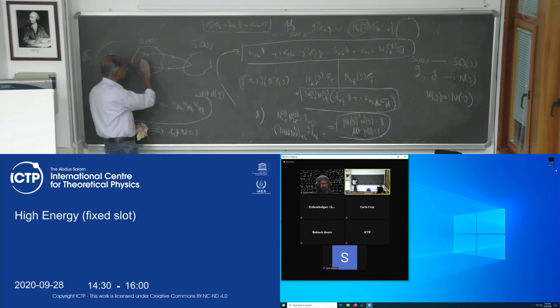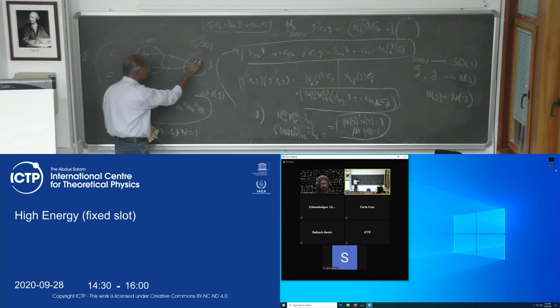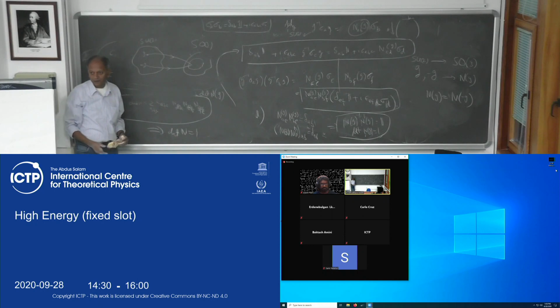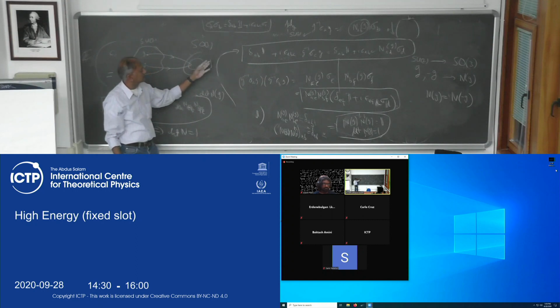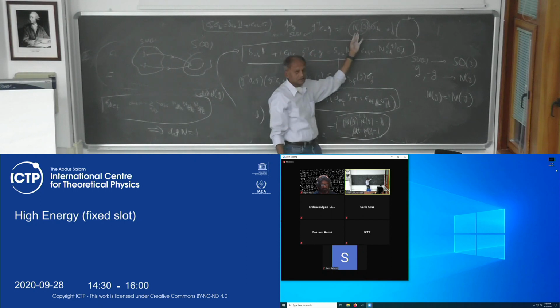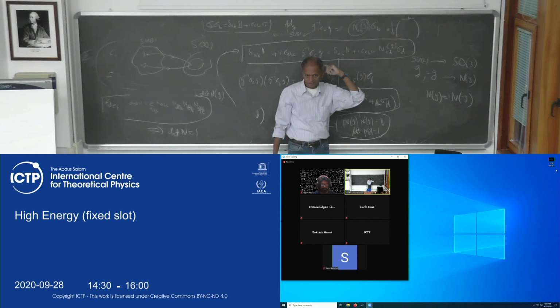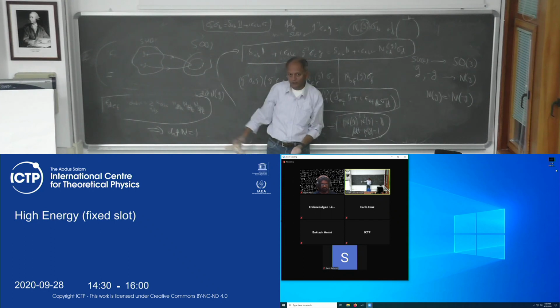Maybe the image of this map is some subset of SO3. It could happen, no? We don't know yet. We have constructed some SO3 matrices, but how do we know that we can construct the most general SO3 matrix this way? This depends on G, and as I change G, maybe I cover the whole thing or not.